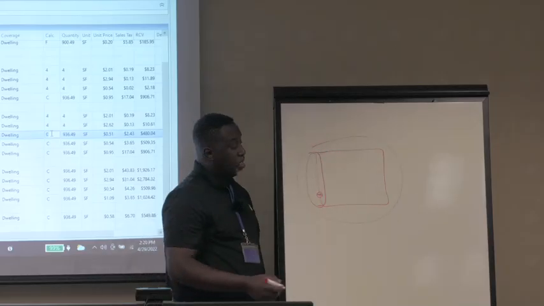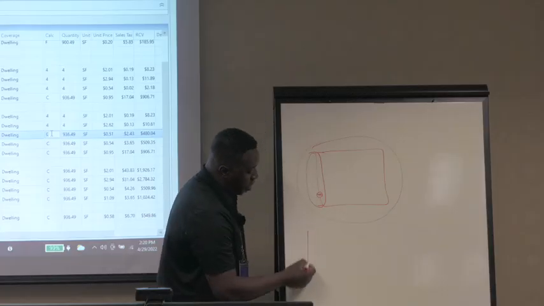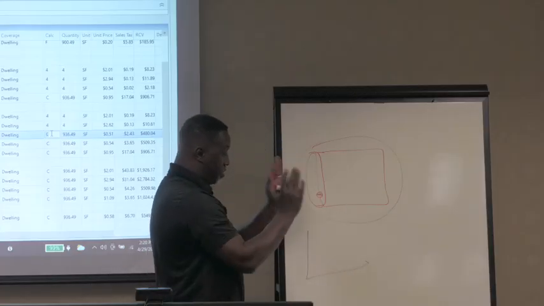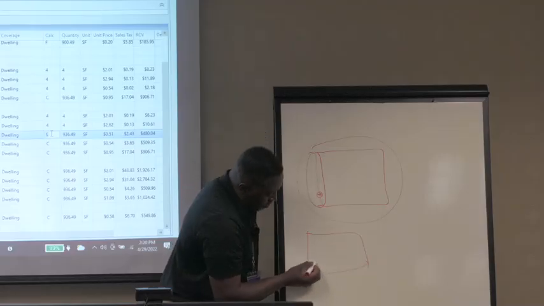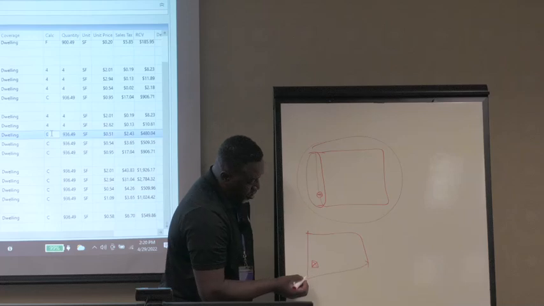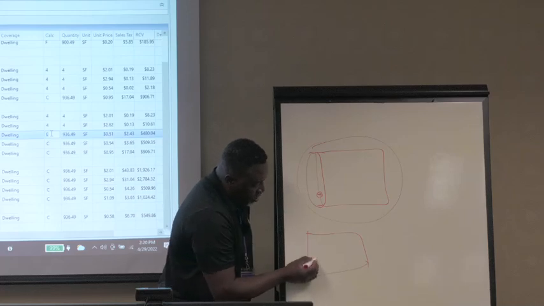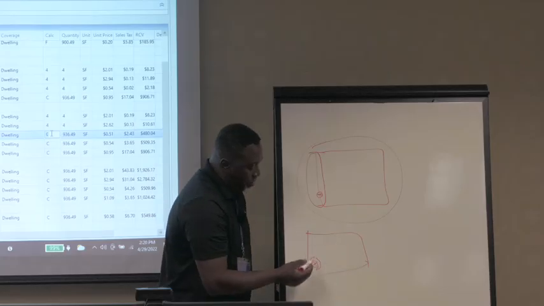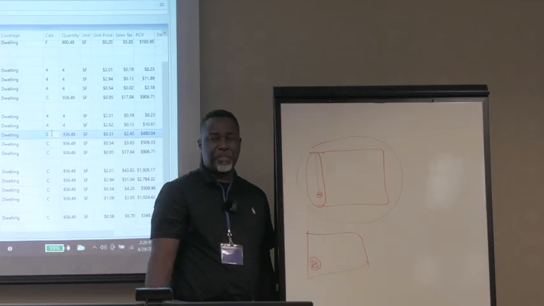You understand? Let's say this is the wall, and I have a piece of damaged wall right here. I replace this drywall. If I attempt to just texture that spot, it isn't going to look right when the other walls have old texture. It'll never match.